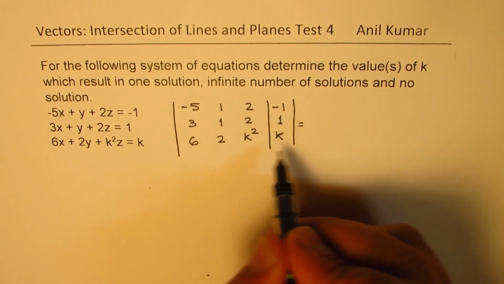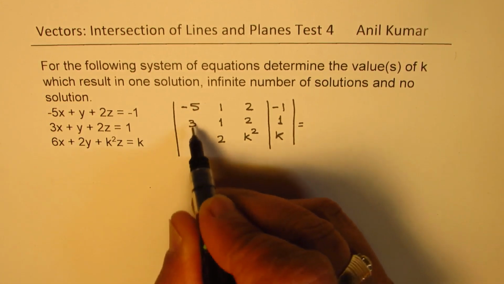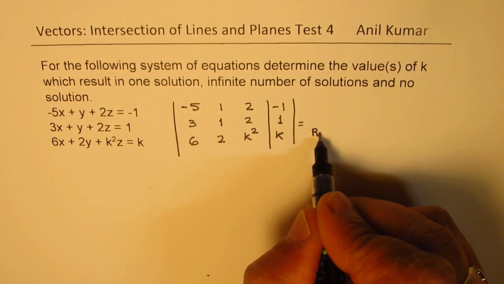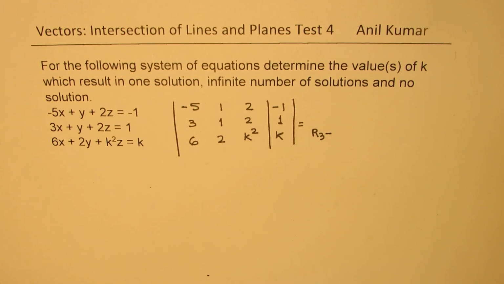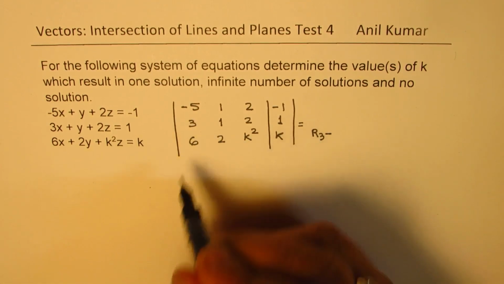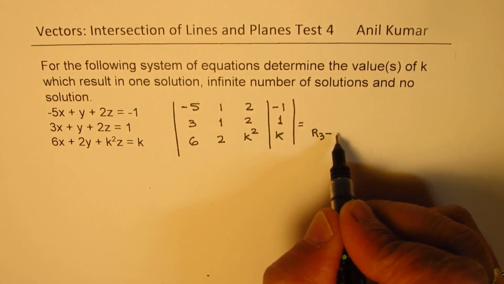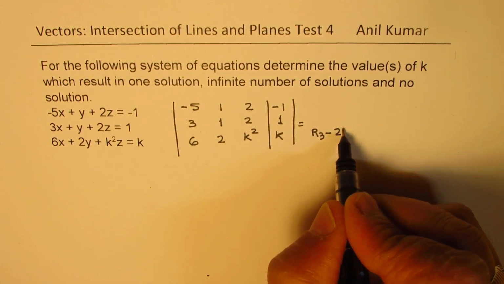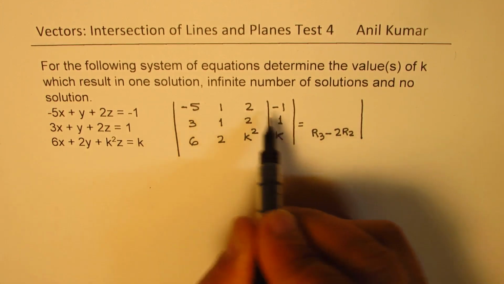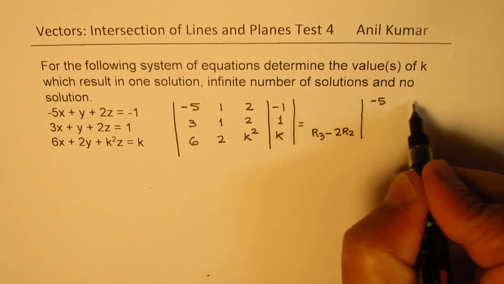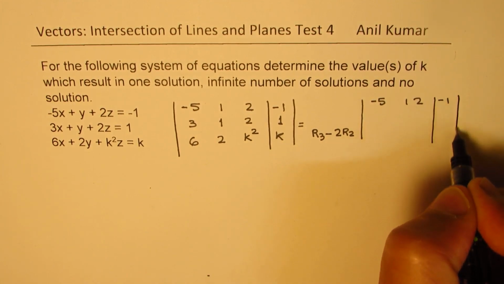So what we could do here is, in this equation we can do r3 minus 2 times r2. We could do that, right? So we'll keep the first one the same, which is -5, 1, 2, sorry, -1.